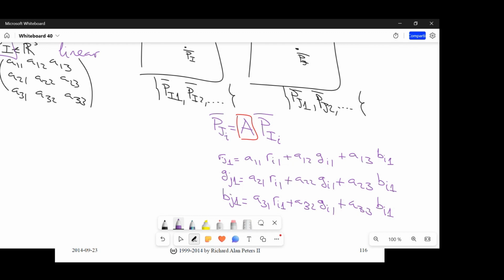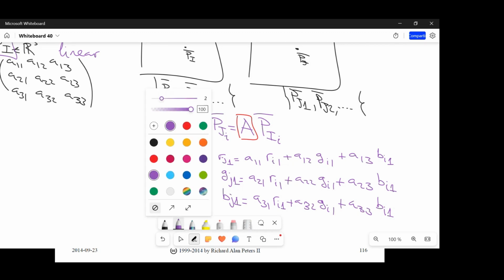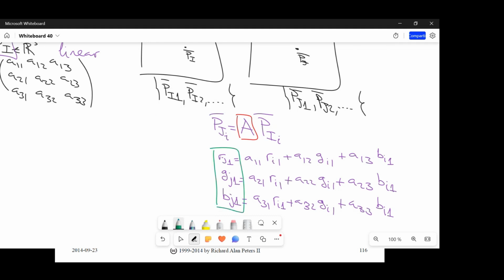So if you give me just one color pair, where this is the color in the output and this is the color in the input, you are giving me 3 equations. For every color pair, you're giving me 3 equations. What are our unknowns?